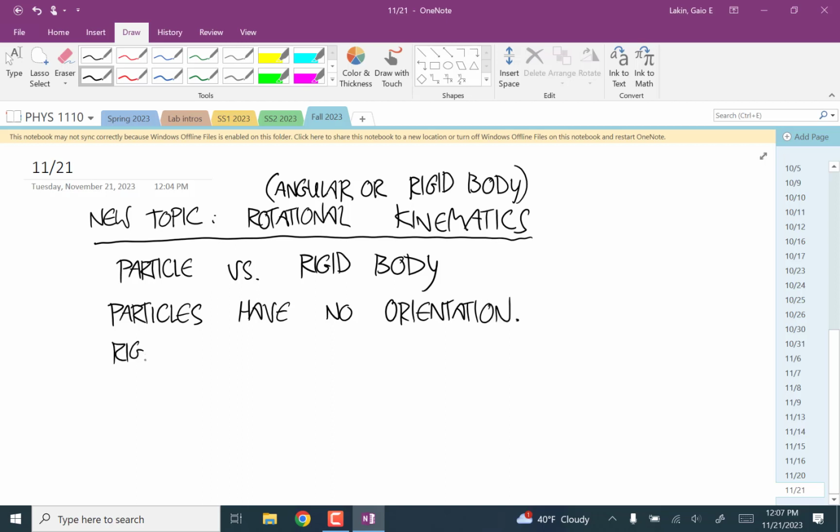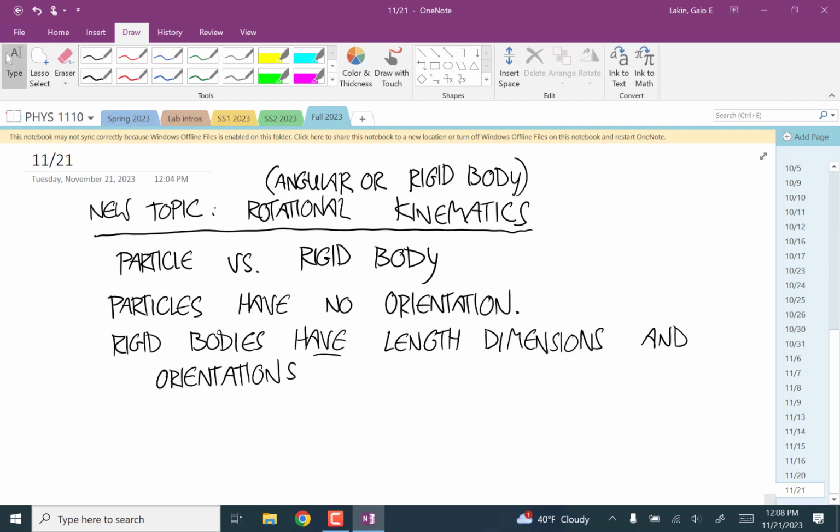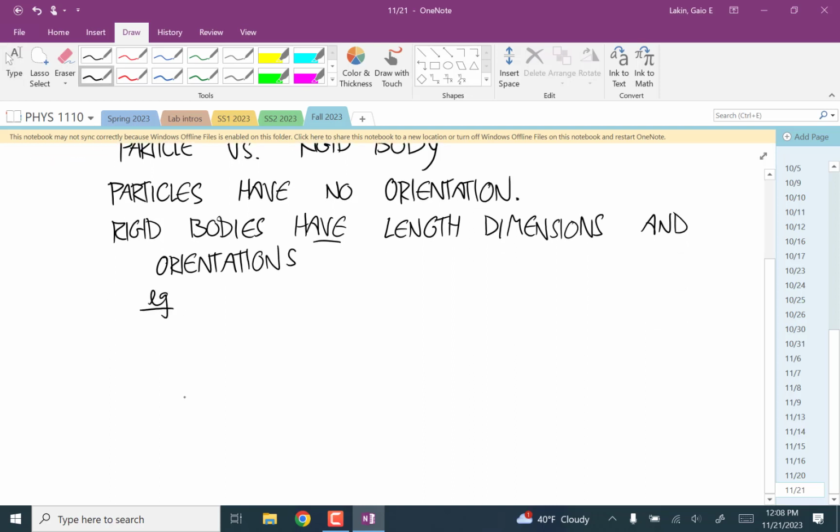Rigid bodies have length dimensions, and you can track their orientations. So, for example, this could be a rigid body.